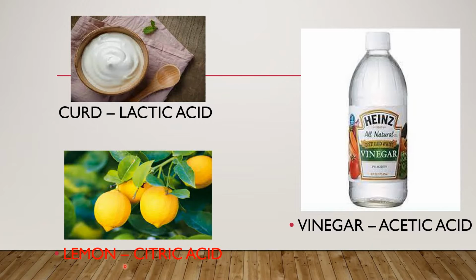The vinegar added to food to make it sour is another acid, that is the acetic acid. And even the curd contains an acid, that is the lactic acid. The word acid comes from the Latin word acere, which means sour. Substances that contain acids are acidic substances.